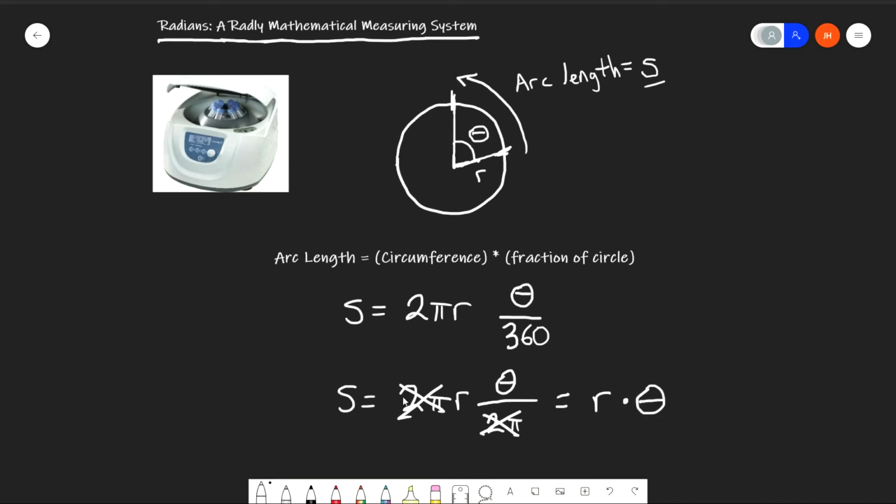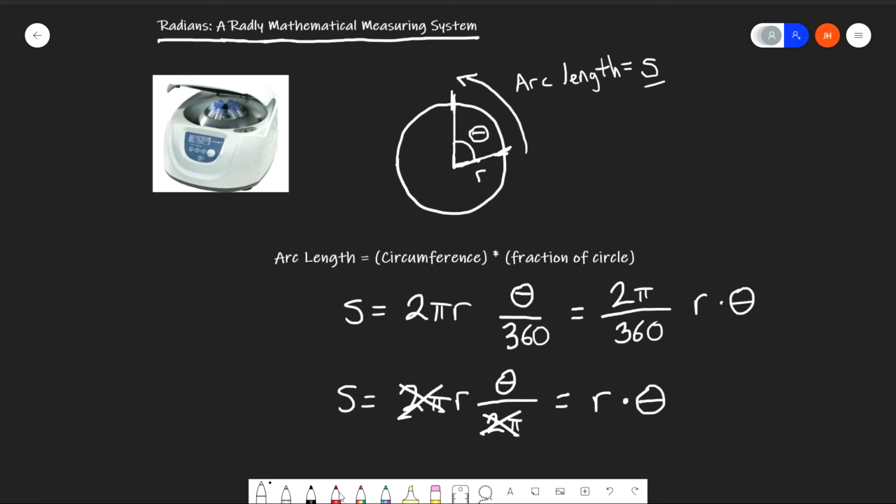This is due to the way that we've defined radian measurement in terms of the circumference. On the other hand, if you look back at our degrees, what we have is 2 pi over 360 as a coefficient. This is just a constant, and then we have the radius times theta. So you can see right away that the formula for calculating arc length in radians is much simpler than in degrees.